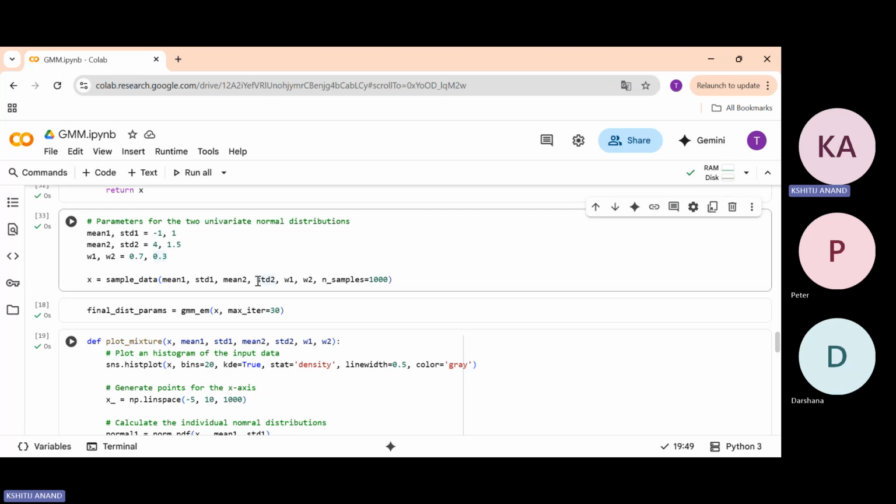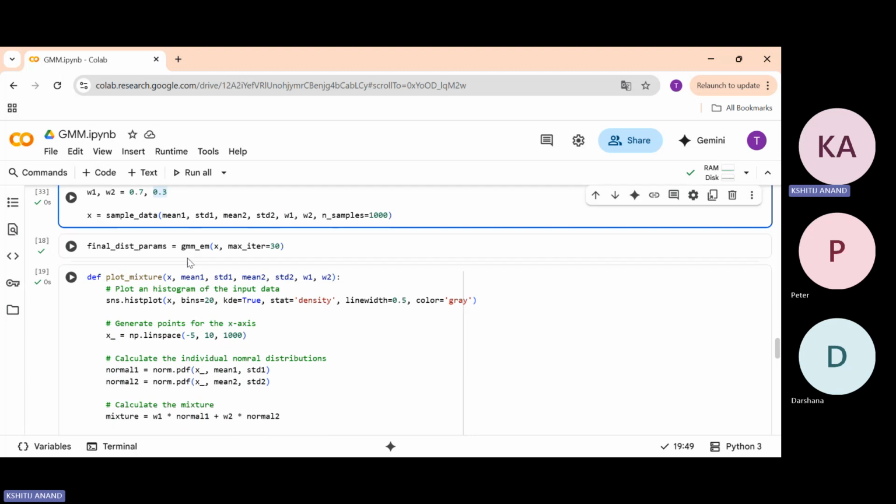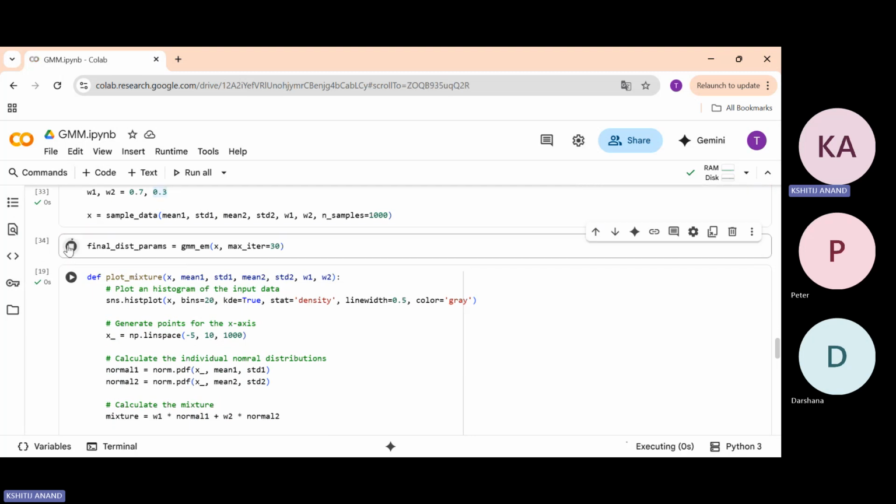What we expect is that the parameters we get, the means, standard deviations and weights of the two components, are closer to these values, because the EM process does not know the mean and standard deviation of the sample data we have passed. So let us run it and see whether it happens or not.